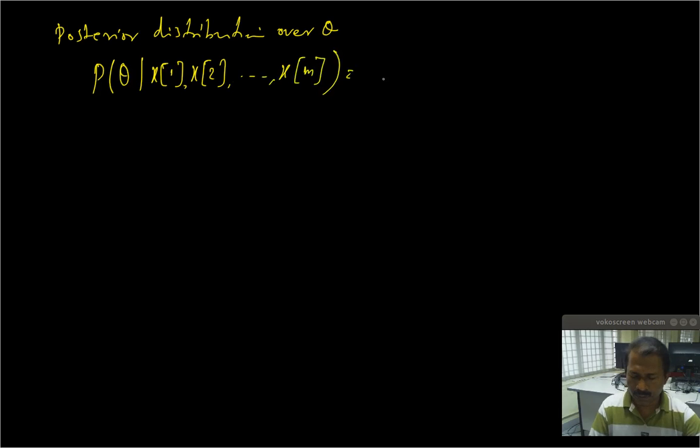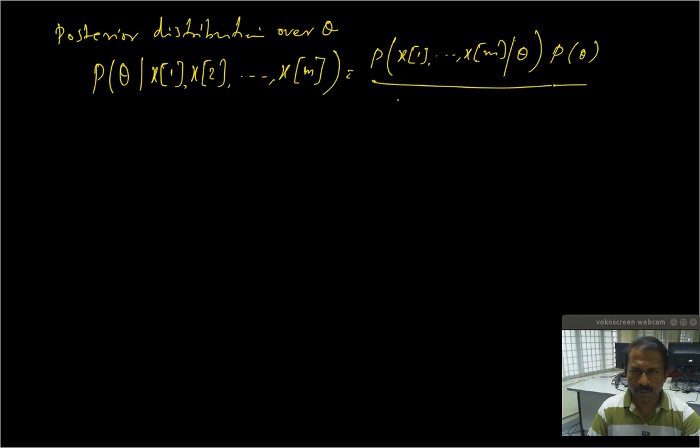Equal to what? Probability of data given theta, then p of theta, divided by the marginal distribution of the data, right?